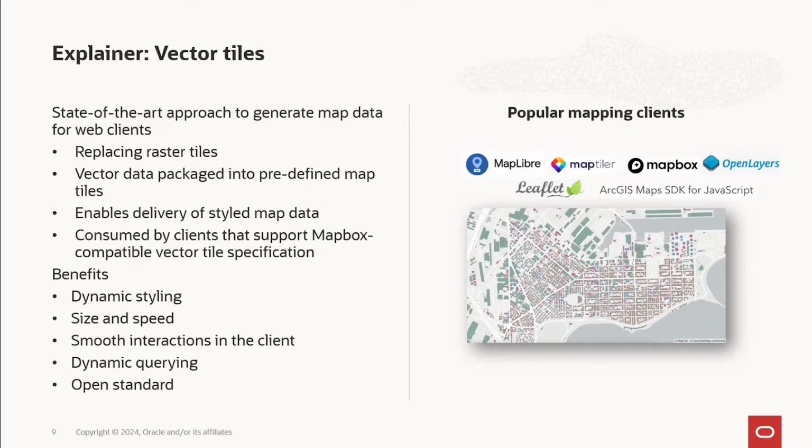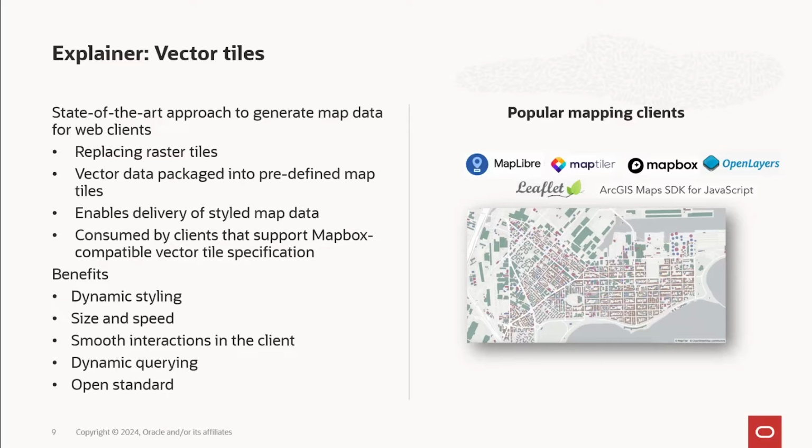You can style things dynamically as you go along without having to go back to the server. It is small, compact, pretty fast, so really efficient. Plus, it's tiled, so you can do caching as well. Third advantage is it allows smooth interactions because you have all the data in the client. You can tilt things or re-render things if you need them. All of that is possible.